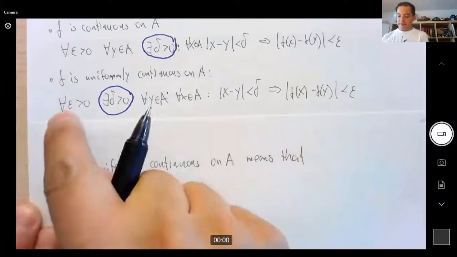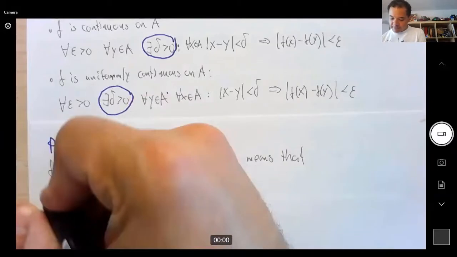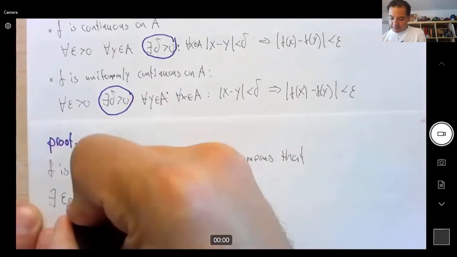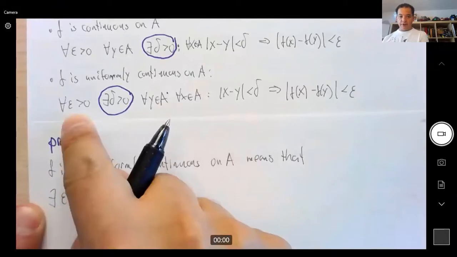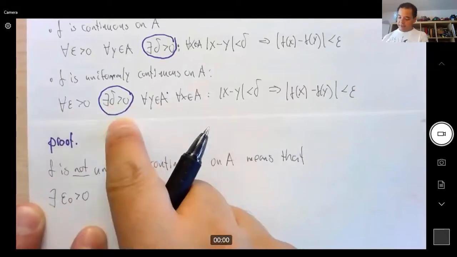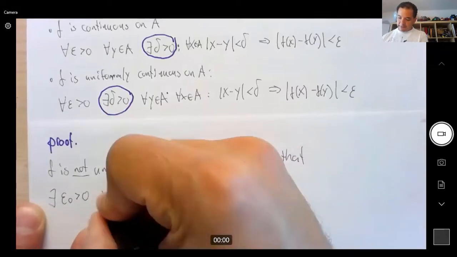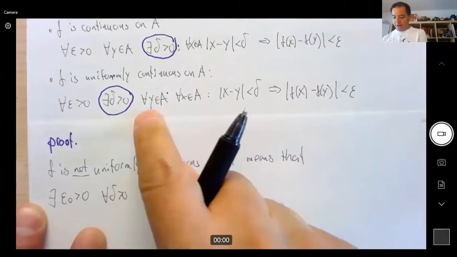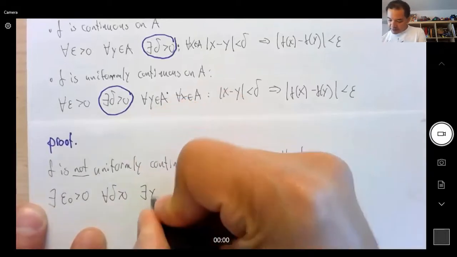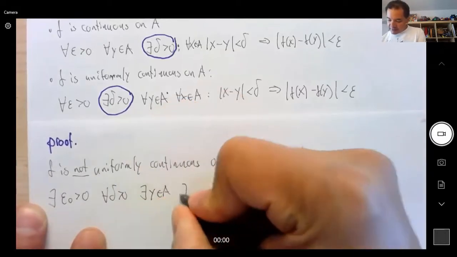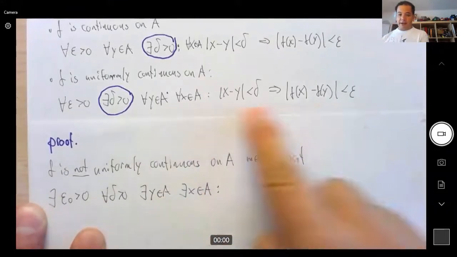It means there is an epsilon greater than 0. I'm going to call it epsilon 0. So there exists an epsilon 0 such that for every delta, there exist some points here, right? There exist y in A and there exists x in A such that this doesn't happen.